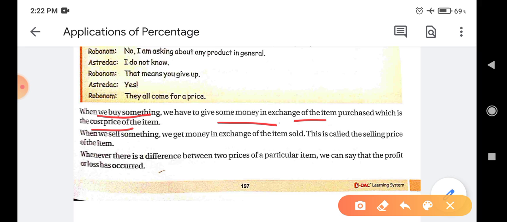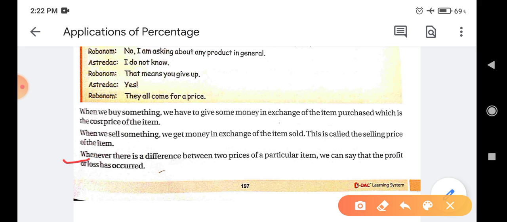Next is selling price. When we sell something, we get money in exchange for the item sold. If we sell anything, then we get some money. Then that money is called selling price. Next, what is profit and loss?